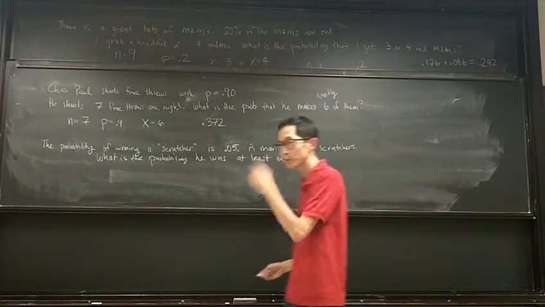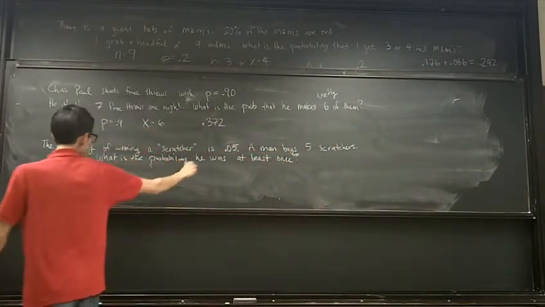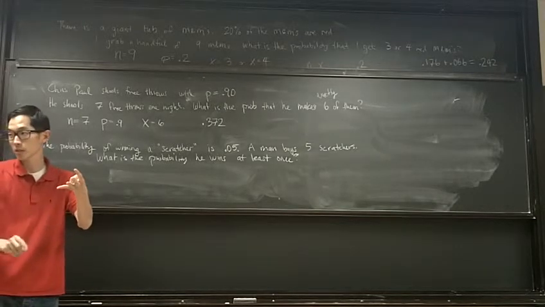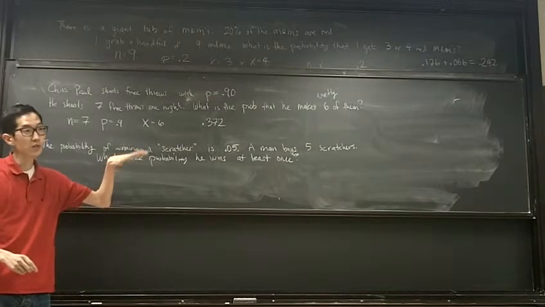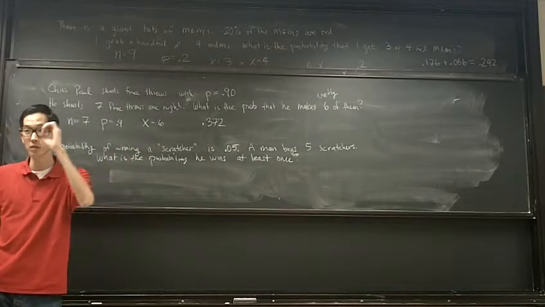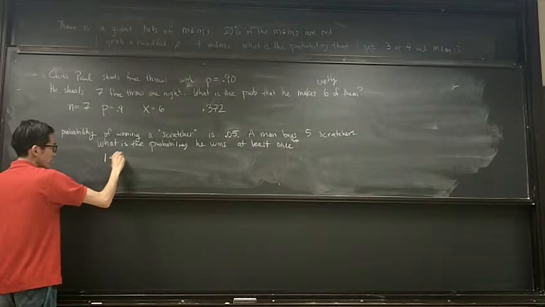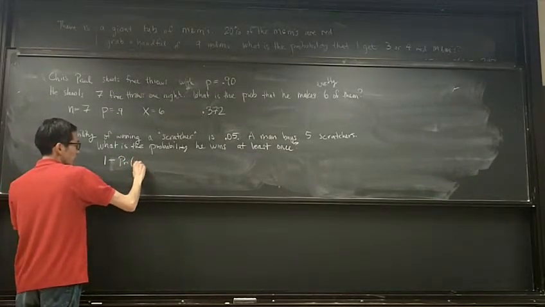It's 1 minus the probability of none, right? At least once means he can win 1 time, 2 times, 3 times, 4 times, or 5 times. The only time he doesn't win at least once is when he wins 0 times. So the probability of at least once is 1 minus the probability of winning 0 times.